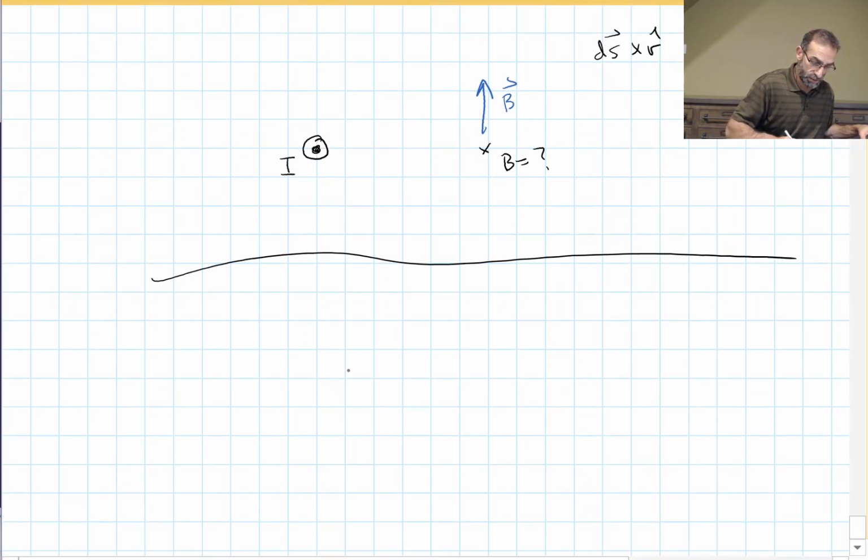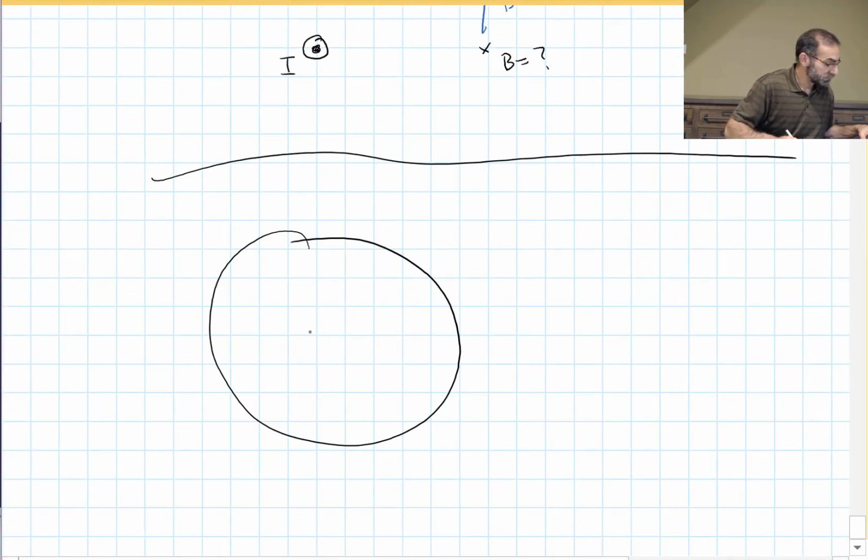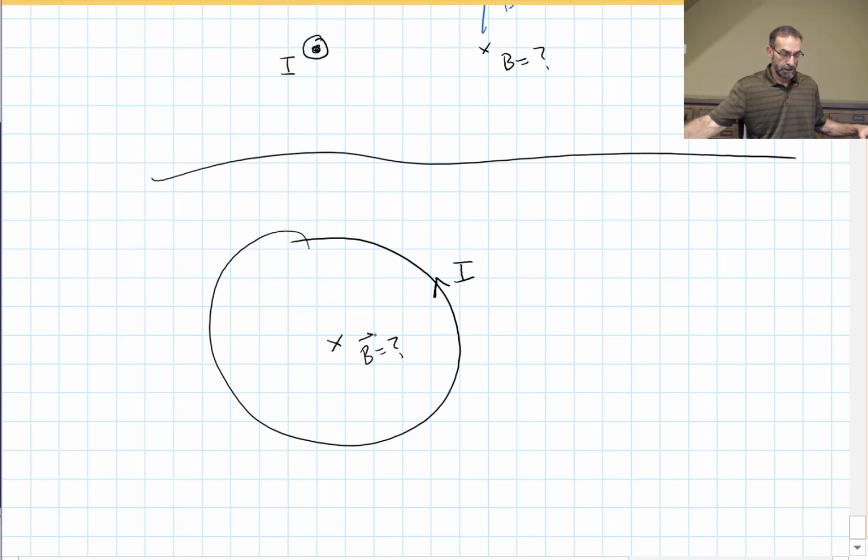Let's do a loop. And we are interested in the magnetic field at the center of the loop. Pick a place. Where should we pick? How about picking this spot over here? ds is over here.